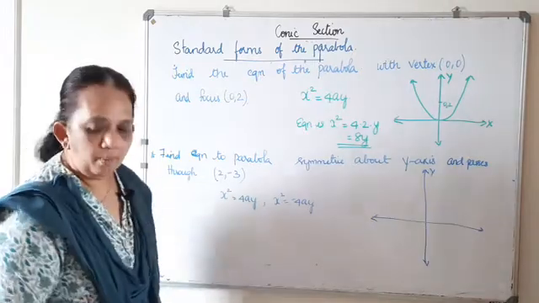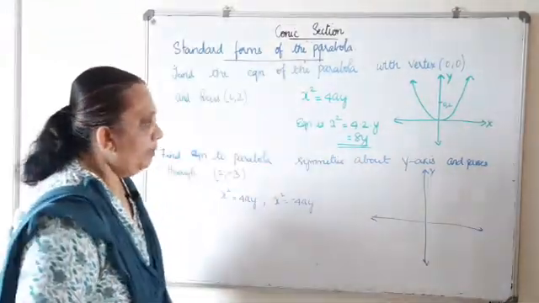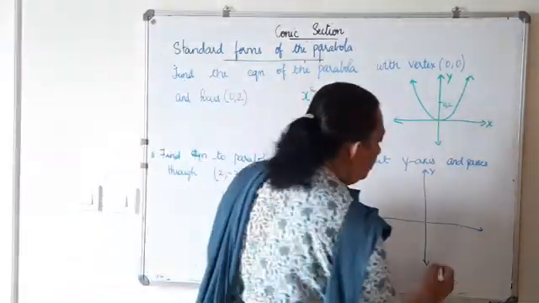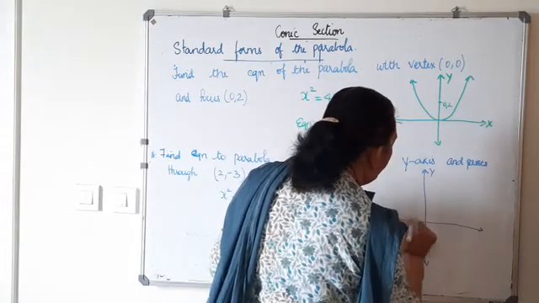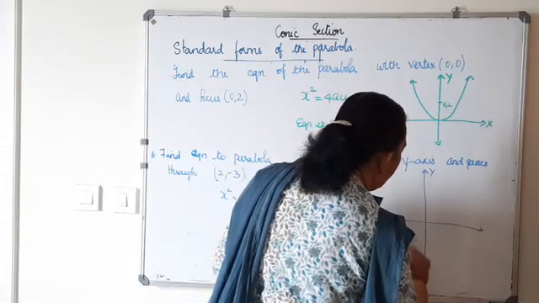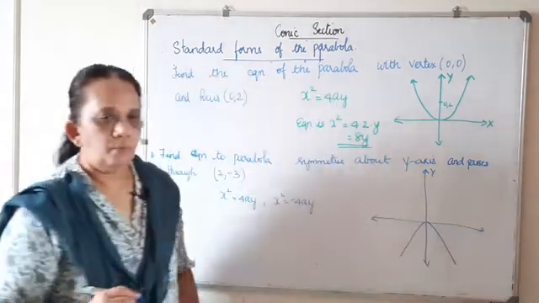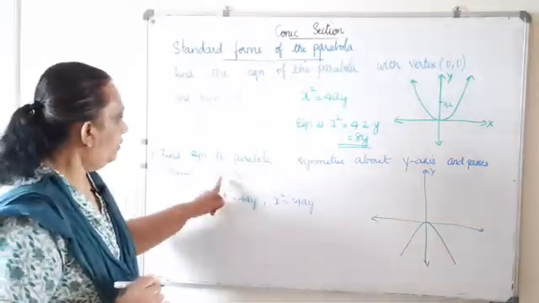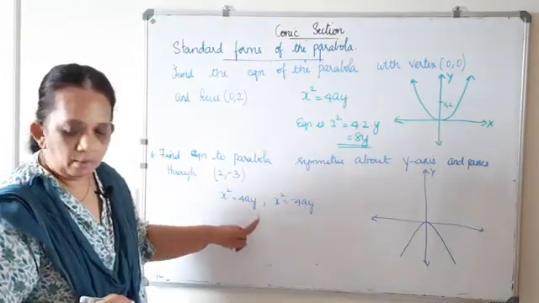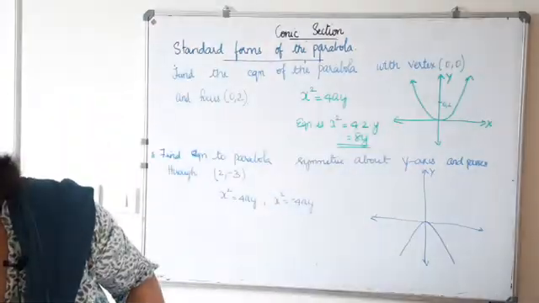it passes through the point 2, -3. In which quadrant does 2, -3 lie? 2, -3 lies in the fourth quadrant. X is positive, y is negative.